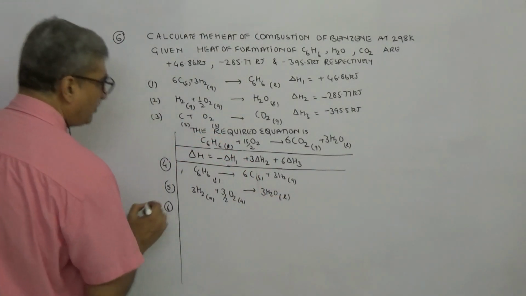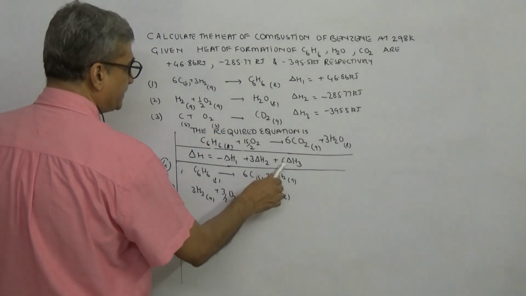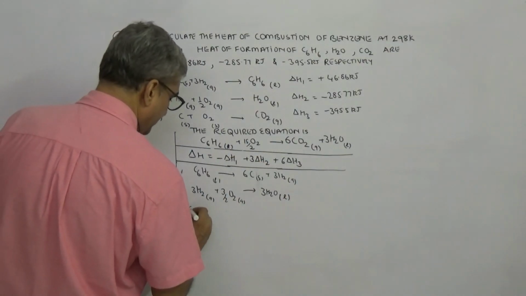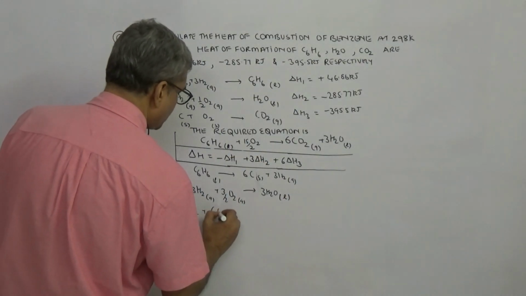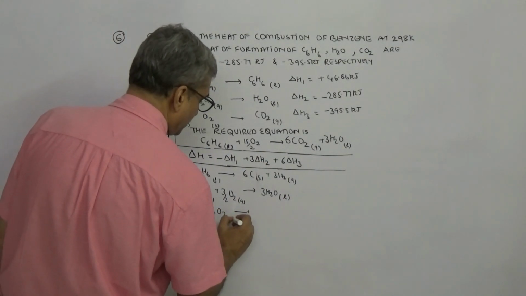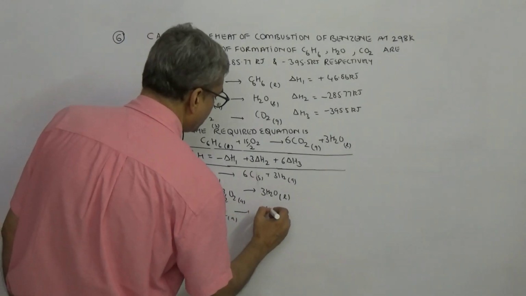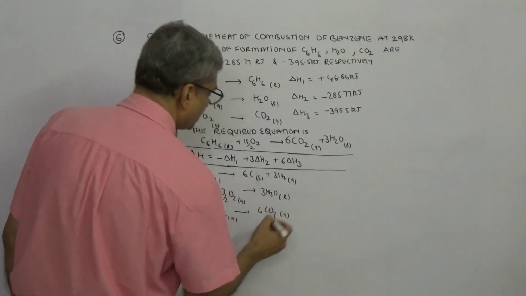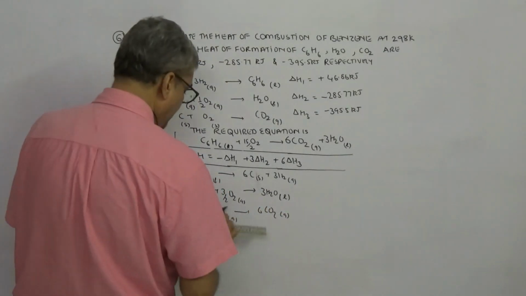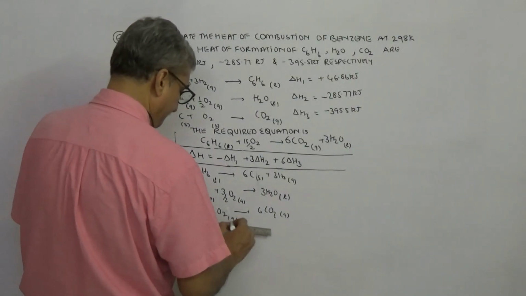Then the sixth one, what do we have? 6 times delta H3. So 6C plus 6O2 forms 6CO2 gas. So all the necessary changes have been done.